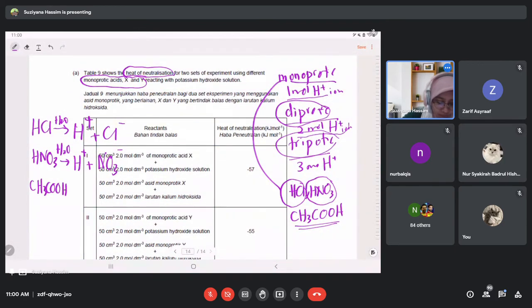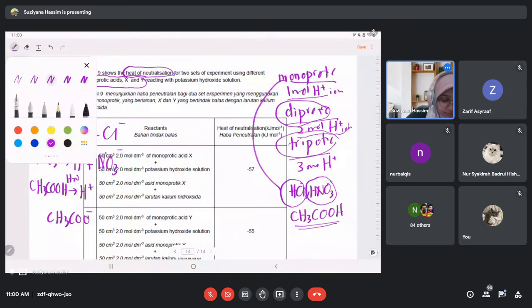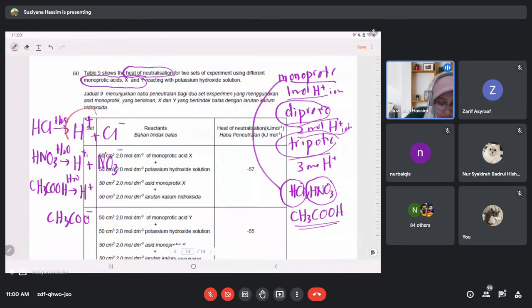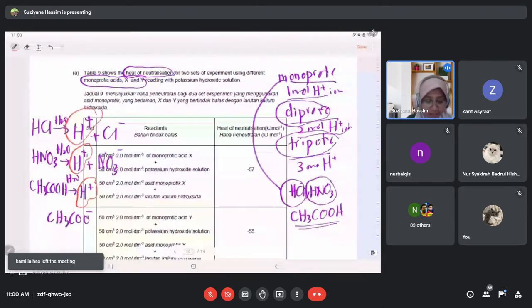CH3COOH ionized in water produces H+ and CH3COO-, the ethanoate ion. You can see here 1 mole hydrogen ion each time. All produce 1 mole hydrogen ion, that we call monoprotic.